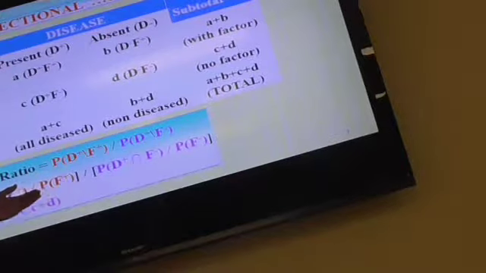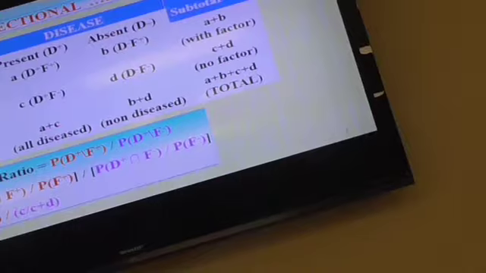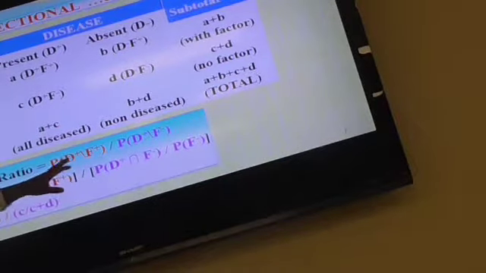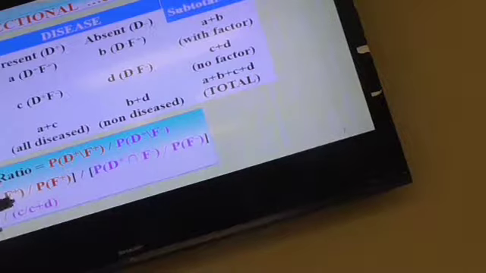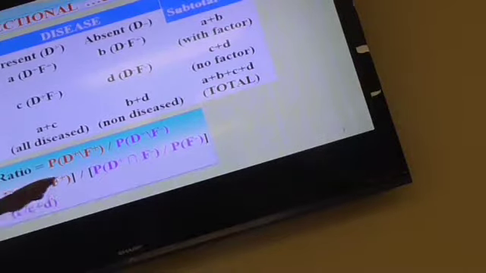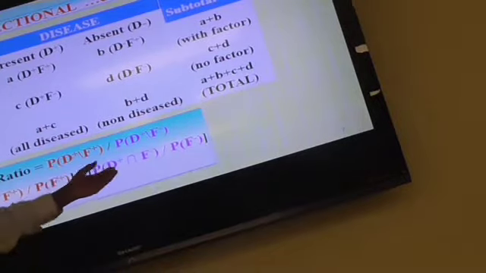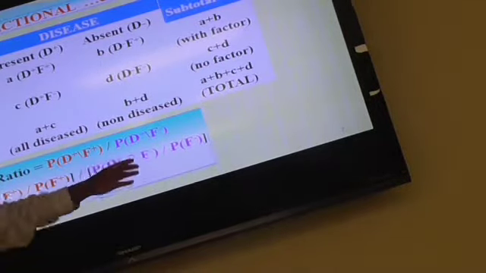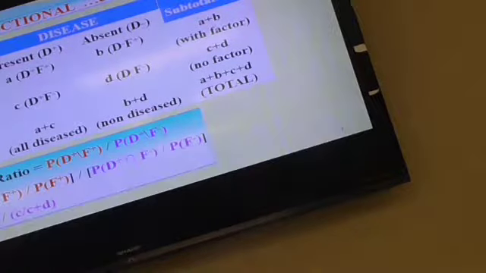I think you know this one from our 2x2 table when we talked about sensitivity and specificity. Disease positive given factor positive means disease positive and factor positive divided by factor positive. So this is your numerator. Your denominator will be what? Disease positive and factor negative divided by factor negative.